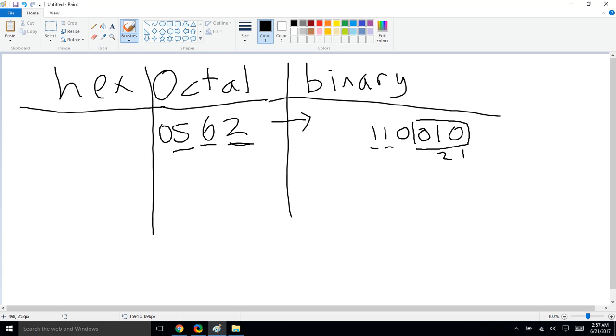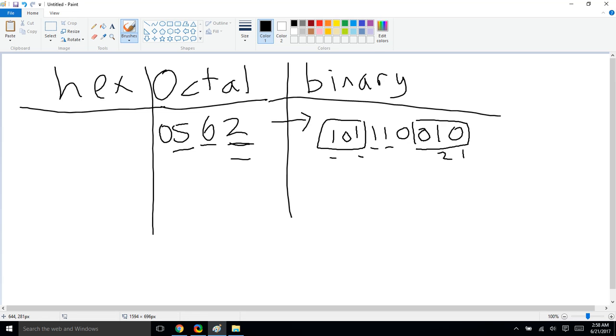What is that in binary? 1, 0, 1. You have a 1 in the 4's place and a 1 in the 1's place. 4 plus 1 is 5. So that's it. To go from octal to binary, you take each digit and just write it as a 3-bit number, and if you don't need all 3 bits, then you put zeros.